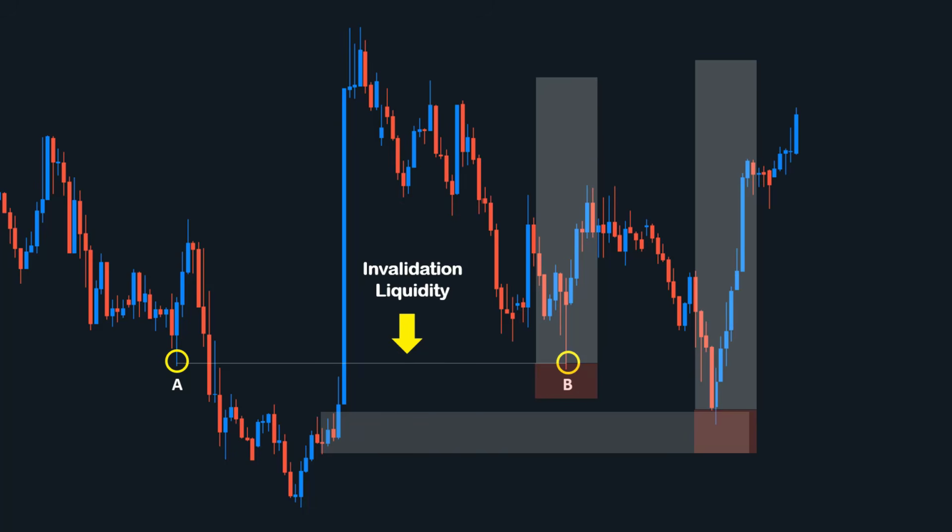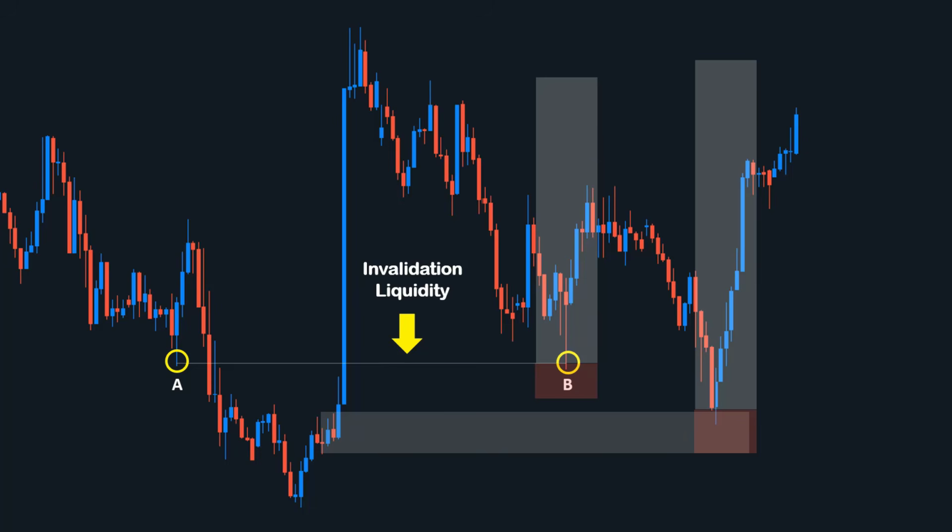That's not random movement, that's intentional liquidity collection. This move wipes out early sellers, triggers late buyers, and fills institutional orders. Once the liquidity is collected, the market continues in its true direction. This is how the market cleans the table before serving the real move.